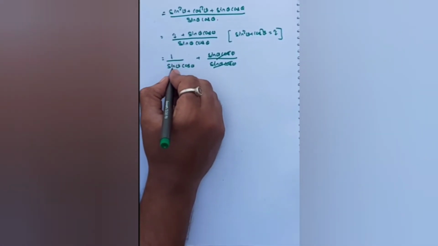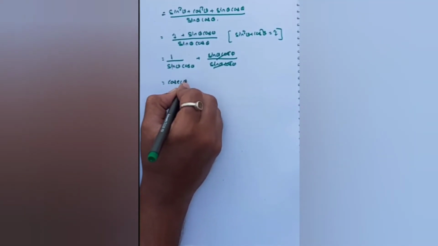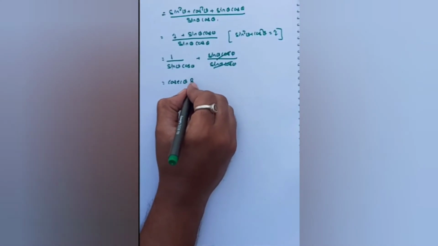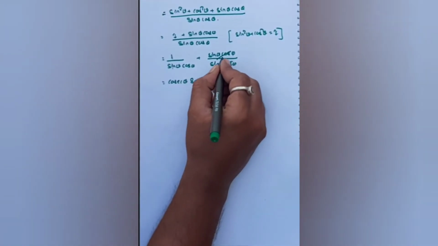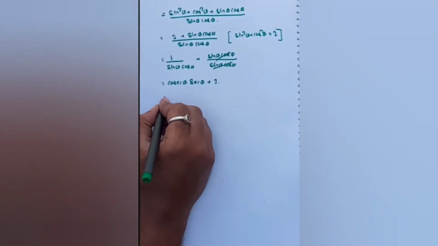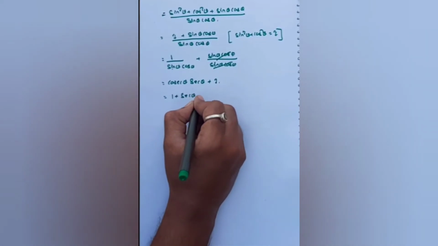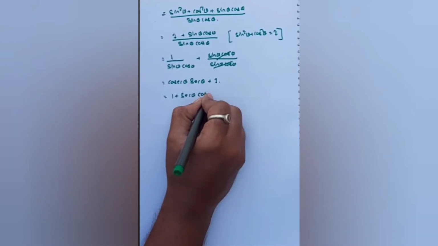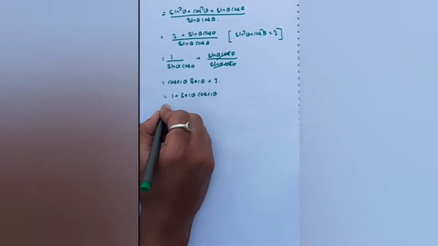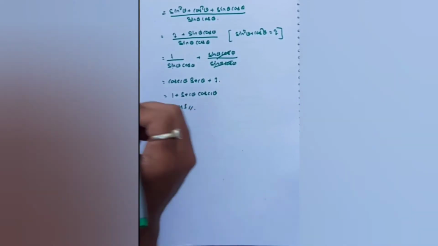So remaining, 1 by sin is cosec theta, 1 by cos is sec theta, plus here these two get cancelled, remaining 1. So this one we can write 1 plus sec theta cosec theta. So this is our RHS, hence proved.